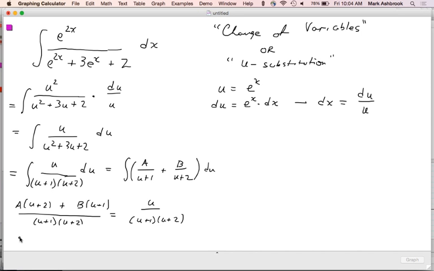So this equals that. Can I expand that in the next step? So Au plus 2A plus Bu plus B equals u.